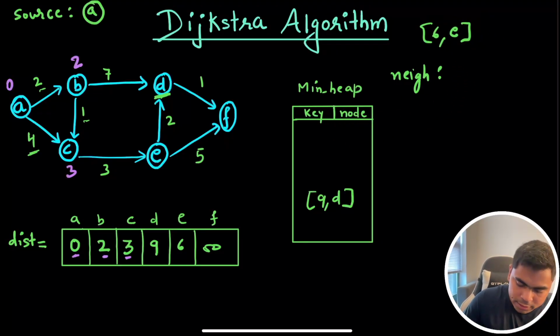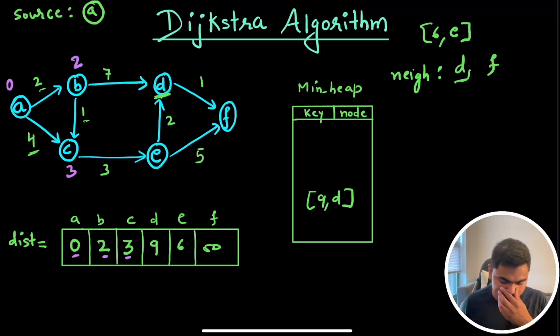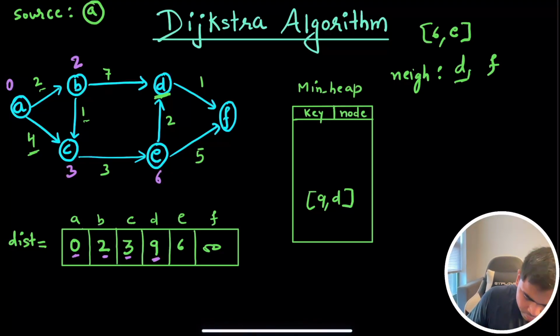D and F. So let's write D and F. Let's start visiting D. D is already visited. That has a distance of 9 that you can see right here. So what's the distance if we were going to D through E?